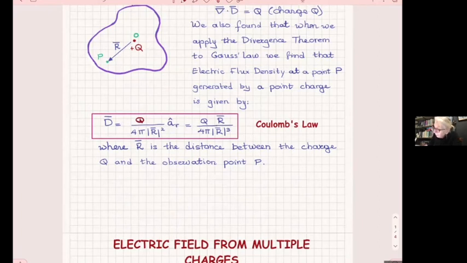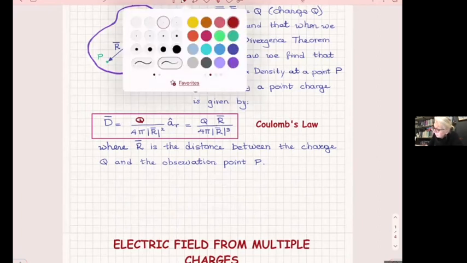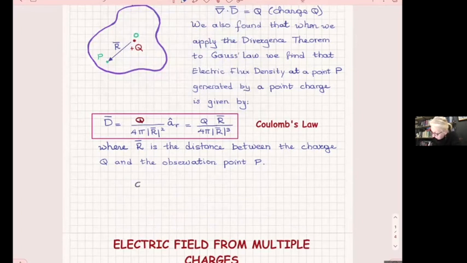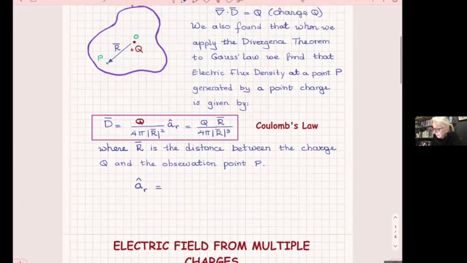We have seen that the unit vector A sub r, the vector along the direction of vector r, is vector r divided by the vector's magnitude. Do you remember that definition for the unit vector?